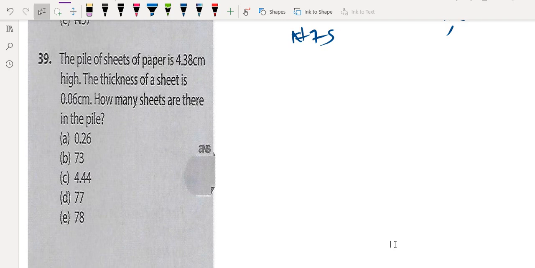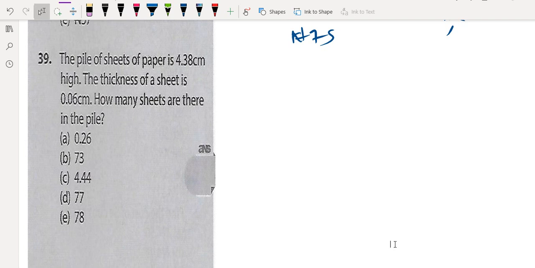One of your first challenges is the English language, simple English. What is there you don't understand? You have a pile of sheets of paper arranged. The height of that pile, when you measure it, is 4.38 centimeter.